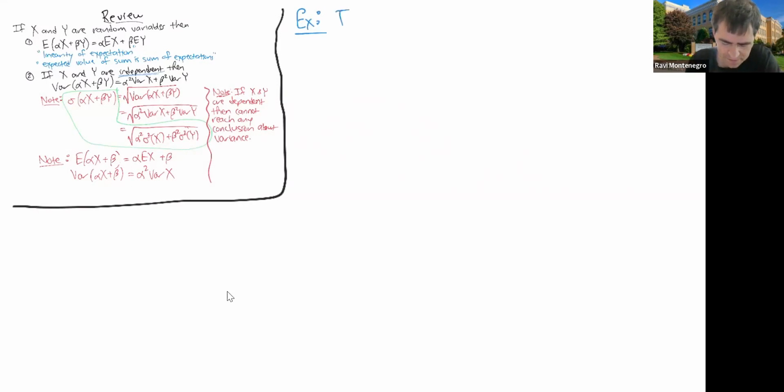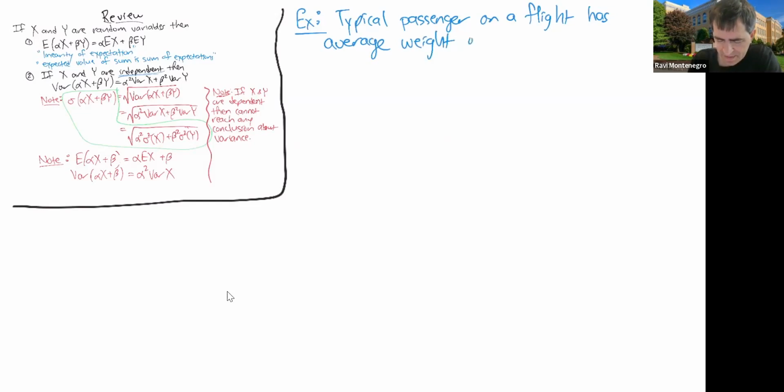A typical passenger on a flight has an average weight, including their clothes, of, let's say, 190 pounds, which is maybe too much, with standard deviation of 25 pounds.